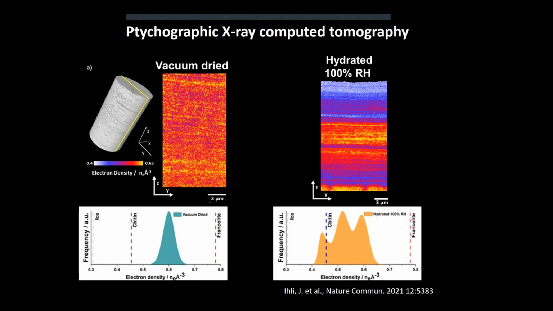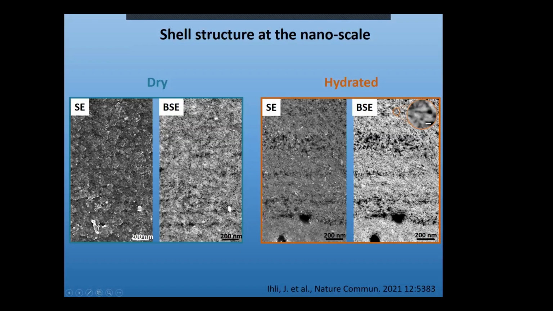And the most likely thing to be happening is that the organic components are soaking up that water and they are swelling. And that's why we see these bands here appearing. And if you look at it in the scanning electron microscope on polished sections, we can see something very similar. So these are secondary electrons and the corresponding backscatter electrons.